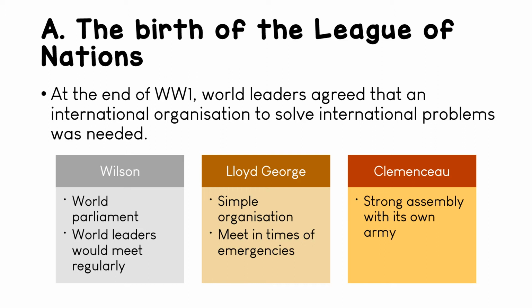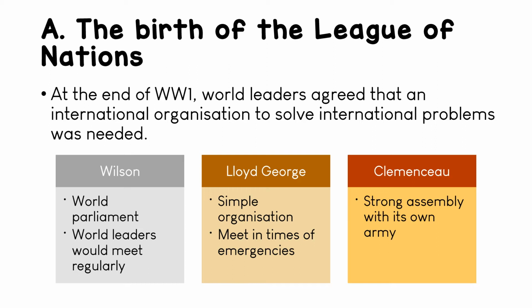Now, there were 3 different views. Of course, we know that Woodrow Wilson, the American president, was the one that initially proposed this idea of the League of Nations in his 14 points. Wilson's view was that the League of Nations would be a world parliament where world leaders would meet regularly. Lloyd George, the British Prime Minister, on the other hand, wanted a more simple organization that would meet only in times of emergency.